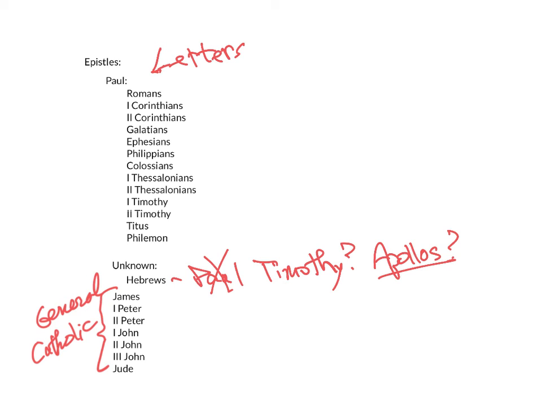Then we've got three letters by John, who also wrote the Gospel of John. This is the John who was one of the early apostles of Jesus and who lived longer than any of the other apostles. And then we've got an epistle from Jude.